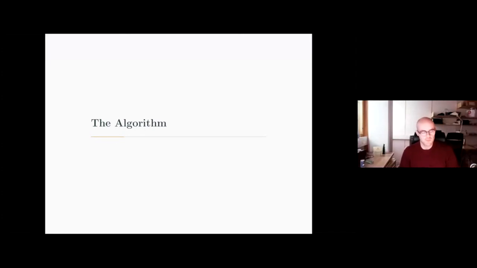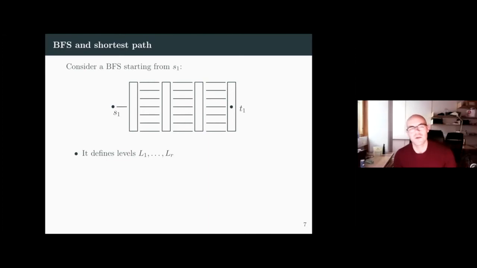As we've seen, this problem is very close to the disjoint paths on DAGs problem, and let me tell you the reason. From now on, we will have a set of pairs s1 t1, s2 t2, s3 t3, and we look for the shortest path between s1 and t1 and the shortest path between s2 and t2, etc. To design an algorithm, we need to understand the structure of the shortest path between s1 and t1.